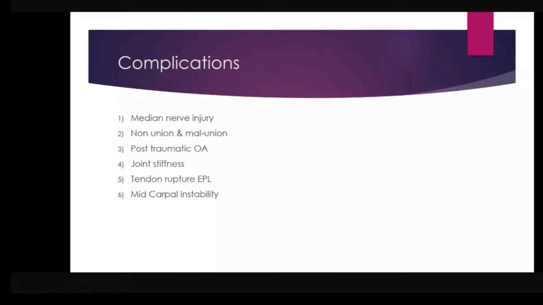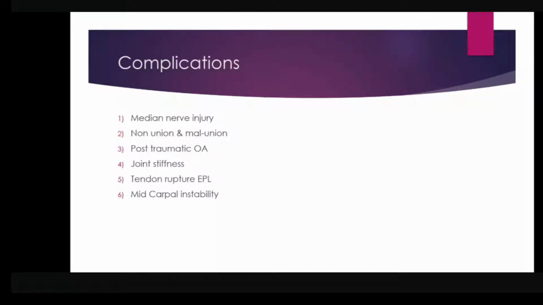Now, complications. Whenever you are talking about complications, we should mention the most common complication first. The most common complication is stiffness of the joint, for distal radius fracture. Then malunion; non-union almost never exists, though sometimes it occurs. Median nerve injury is a very rare complication.